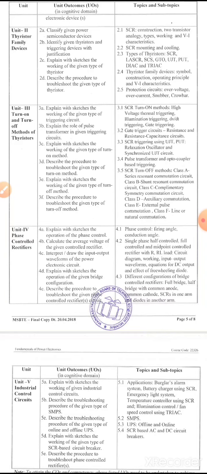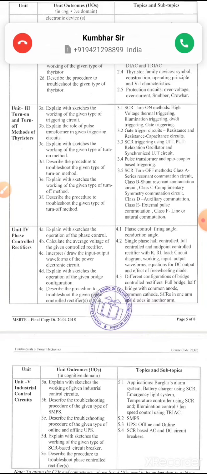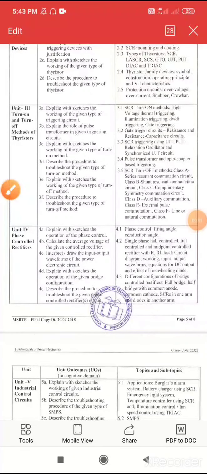Now there are some types like single phase half controlled, full controlled, and midpoint controlled rectifiers with R and RL loads. Here one basic concept we need to discuss: why it is called a controlled rectifier. It is because its output is controlled.